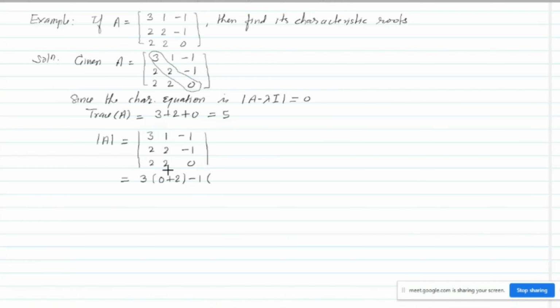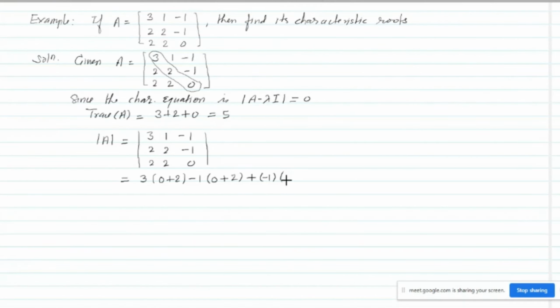Now we ignore this one and multiply by this, so this becomes 2 times 0, which is 0. Then minus, minus gives plus, 2 times 2. Here we always write the plus sign, but the minus sign is already there, so write minus 1.